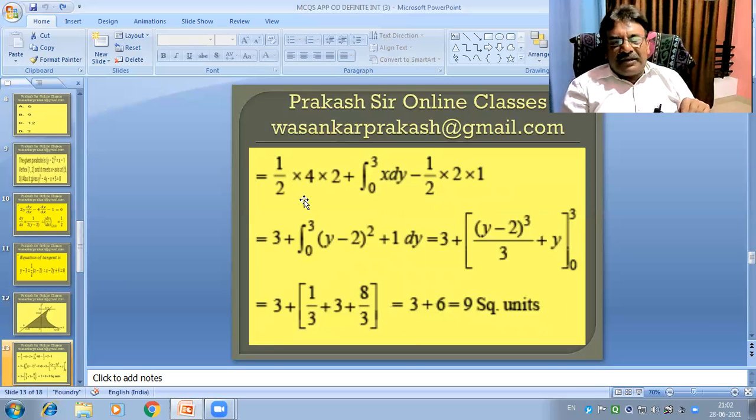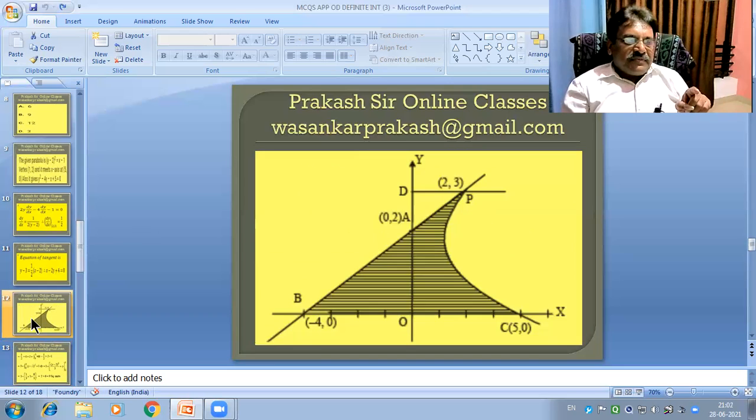First we find the area of the triangle OAB. We know the formula for the area of a triangle is 1 by 2 base multiplied by height.